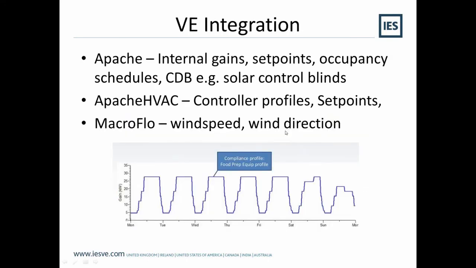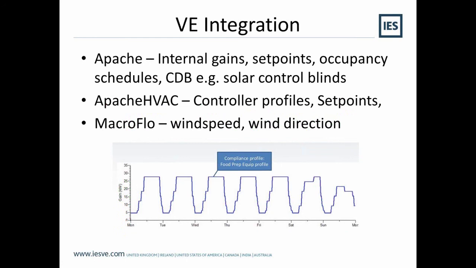Some other areas where this can be used, I mentioned some of these already, but clearly internal gains within Apache. Maybe set points we can use to be more dynamic, maybe to represent the way users are actually jacking set points up and down to compensate for the HVAC system. Occupancy schedules we've looked at within Apache CDB. Solar control blinds could be a big one, looking at north, south, east, west facades, even breaking it into additional orientations like northeast, northwest, southeast, southwest facades.